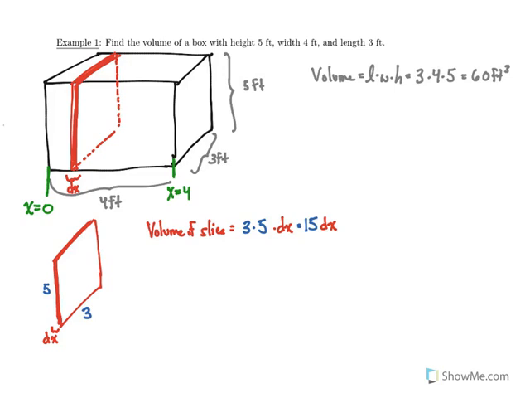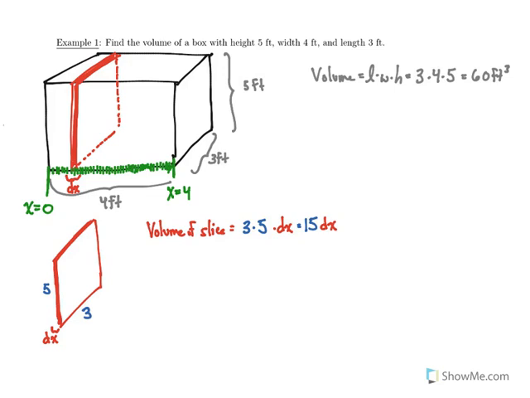And for each x value in between 0 and 4, we are going to have a new slice that looks like the one that we just drew. And the more slices we have, the better approximation we're going to have for our volume. And if we have an infinite amount of slices, we're actually going to have equal to the volume.